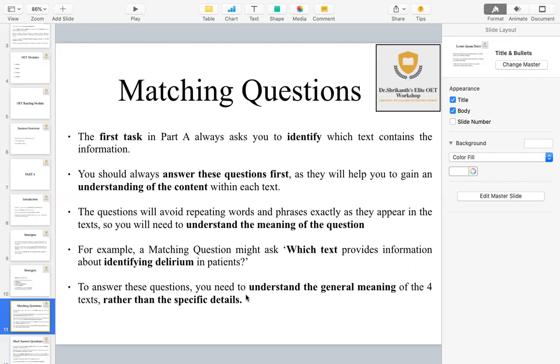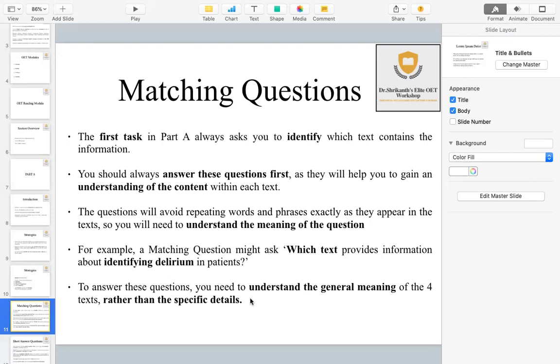To answer these questions, you need to understand the general meaning of the four texts rather than the specific details. As I mentioned before, all the four texts, that is Text A, Text B, Text C, and Text D in Part A, will be about one specific health condition or one specific treatment. So all the four texts will be about delirium, but only one text among those four will be about identifying delirium in sick people.